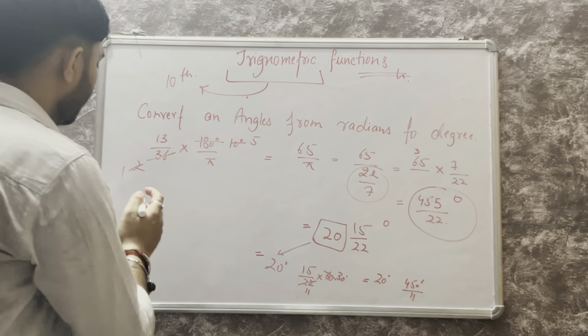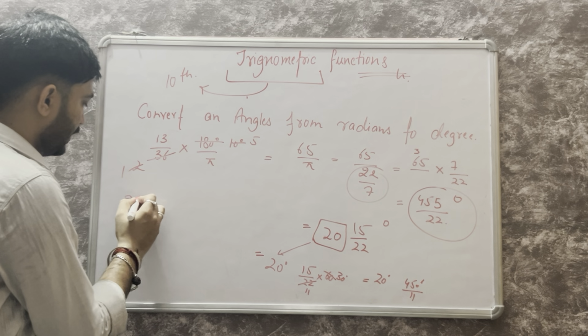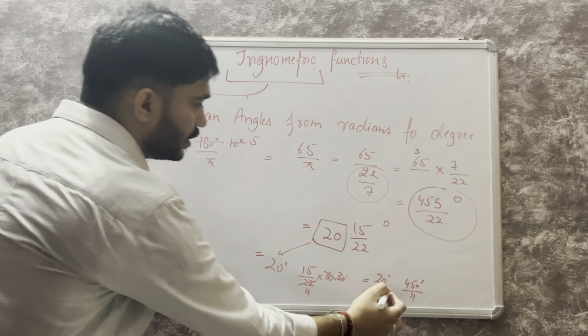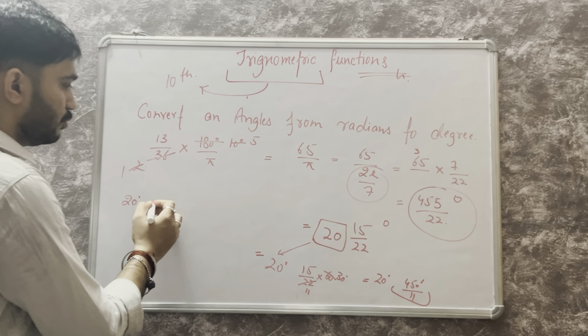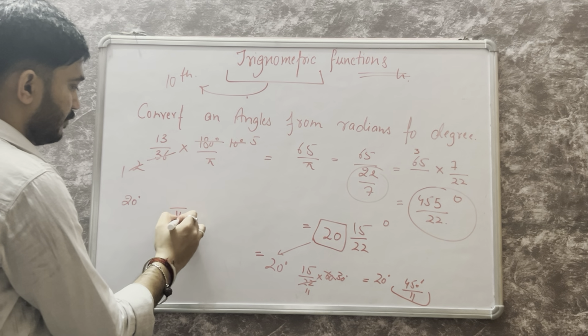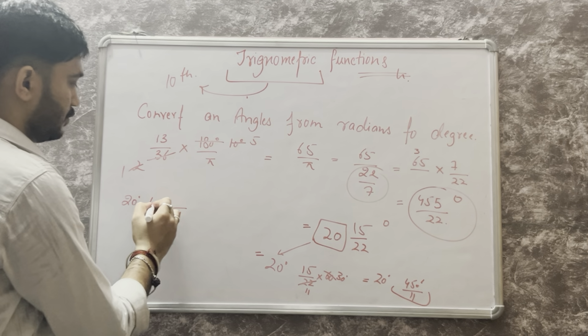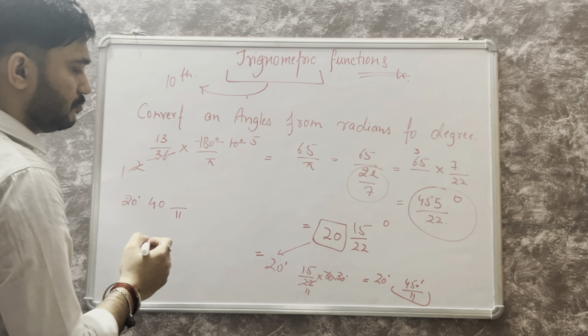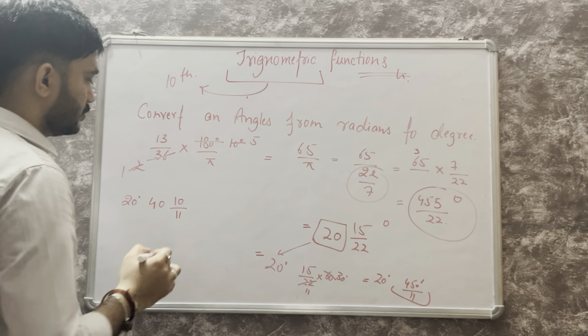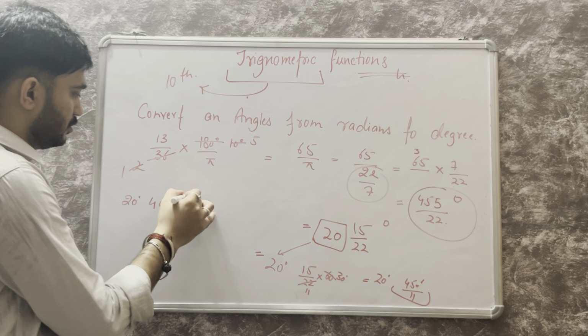Divide 450 by 11, we will get 40 minutes, and write the remainder as a mixed fraction. How are we going to do so? 11 into 4 is 44, remainder 10, so this is going to be 10 by 11 minutes.